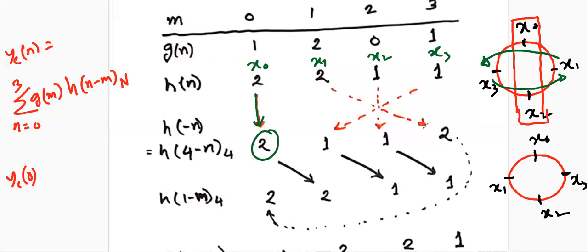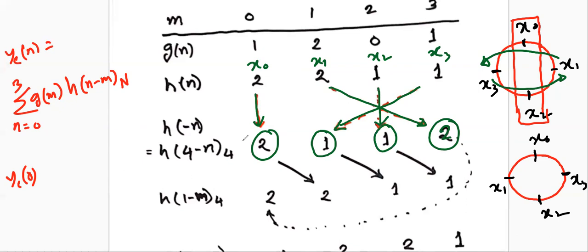It should go to the place of x3, so that's why it shifted to this. And what about x3? x3 should be shifted to the place of x1. And what about x2? That should remain at its own place.